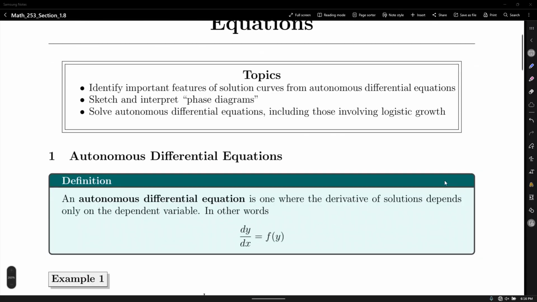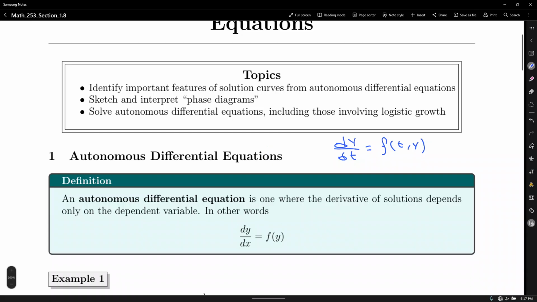First off, what is an autonomous differential equation? Well, an autonomous differential equation is a differential equation where the derivative of solutions depends only on the dependent variable, as opposed to many other differential equations we have solved before, which typically are functions of x and y, or sometimes t and y, because oftentimes the independent variable is referred to as time for certain applications.